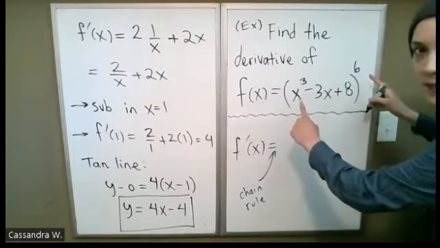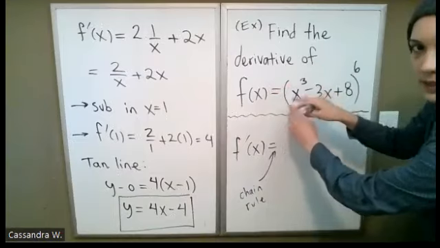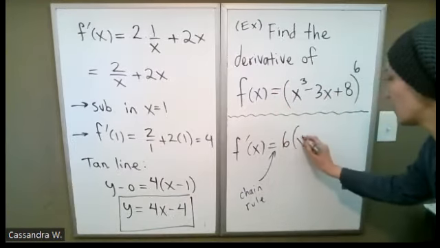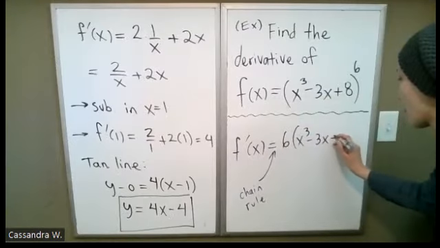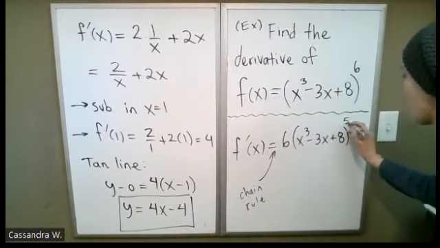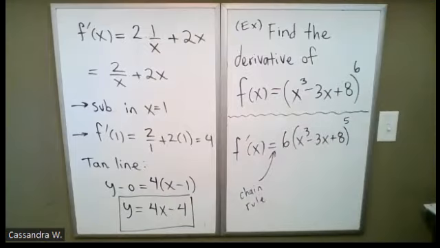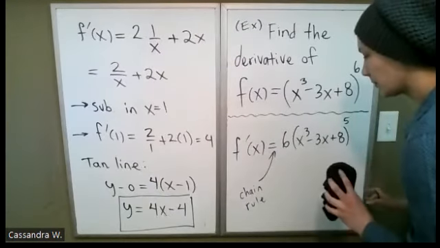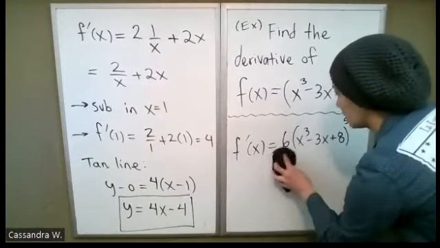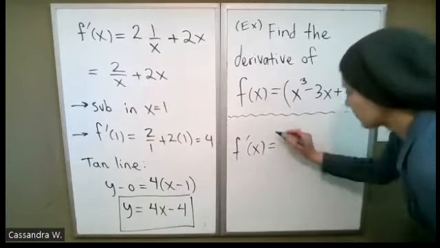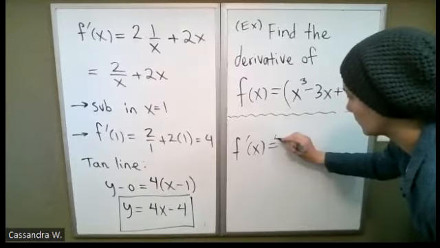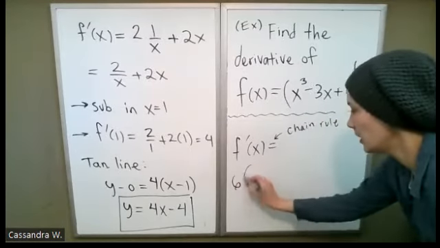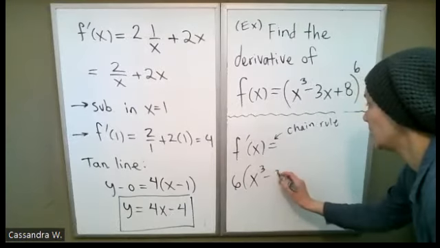Outer function, we'll bring down that 6, leave everything inside alone, and then remove 1 from the power. Okay, this is all copied down.